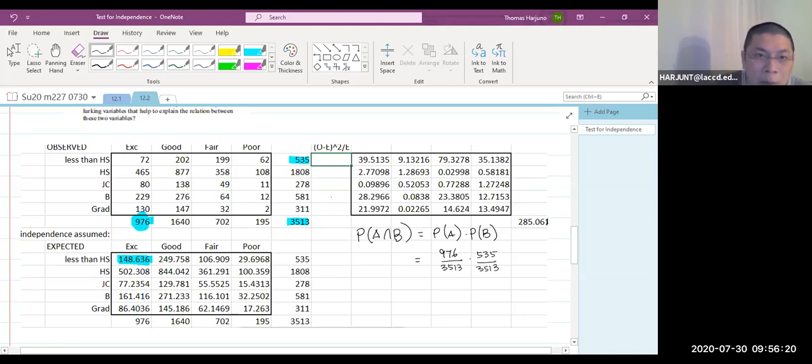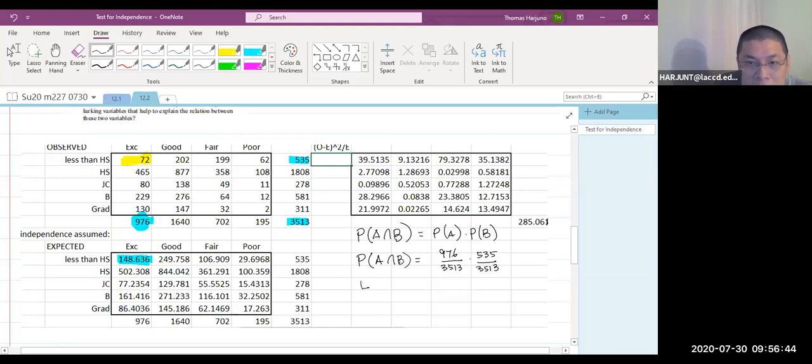Now this is the probability for this cell. Ignore that 72. That's the probability of this cell. So what is the expected value? The expected value is basically n times p. Probability of A intersect B is this.